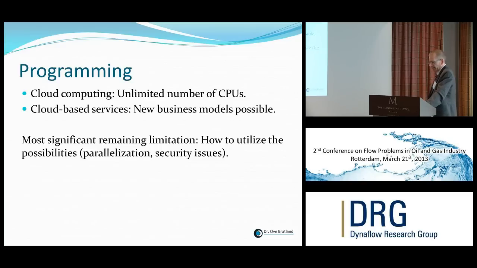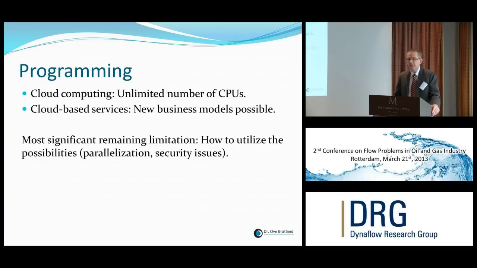Then when it comes to programming, there we have seen many exciting developments on the software side, because programming languages develop, and Moore's law is ticking along, but we also have all these parallel processors nowadays.